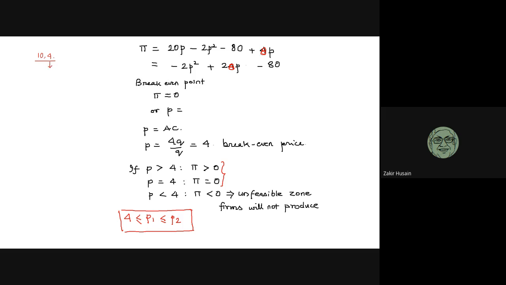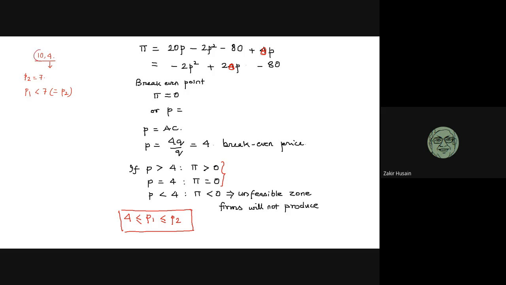Now you will see that for a level of 10, what you are doing is you are solving for price, right? Yes, sir. Now what was your P2? P2 was 7. Now you are assuming here that P1 is less than 7, which is equal to P2.